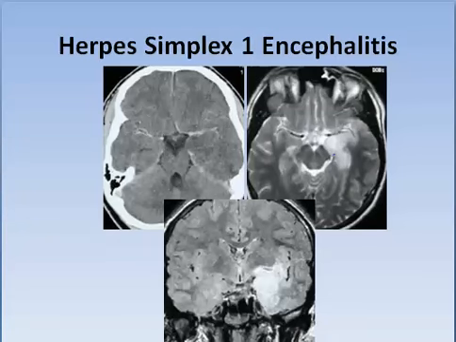So this is the appearance of what we call hippocampus involvement in herpes simplex type 1 encephalitis. It could be symmetrical, could be asymmetric, but it always affects the temporal lobes, which results in gyral swelling and gyral enhancement if you give contrast.